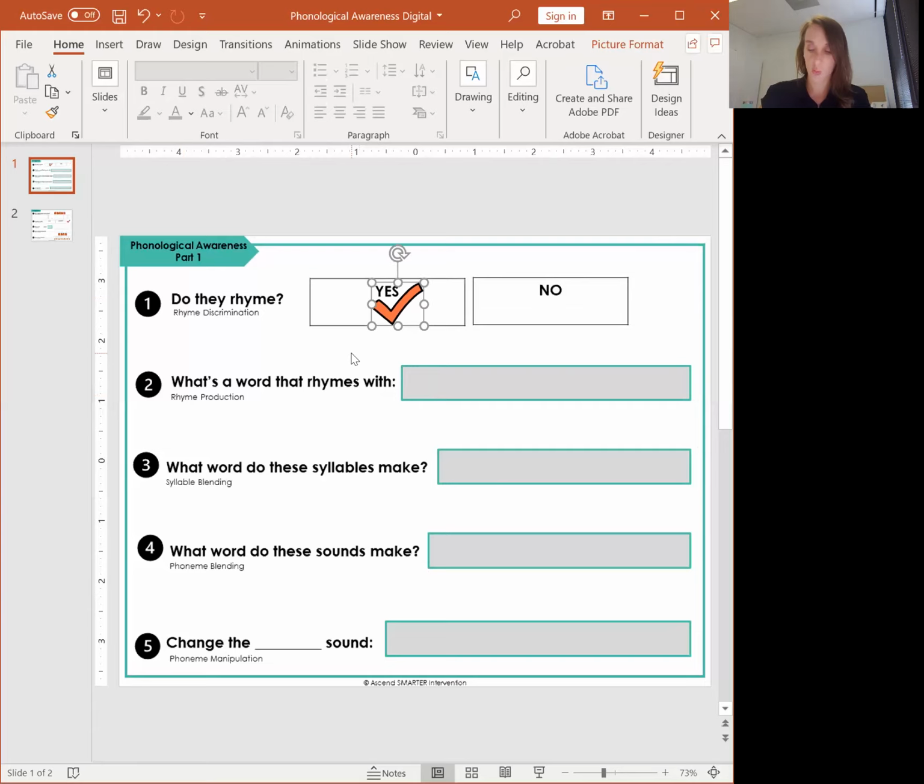Then I might say, what's a word that rhymes with clock? And one of the things that we can do here, if we're trying to tie that semantics piece in, is we could say, what's a real word that rhymes with clock? Because often students have gotten used to the phonological awareness and they might give you all kinds of different things that aren't actually real words.